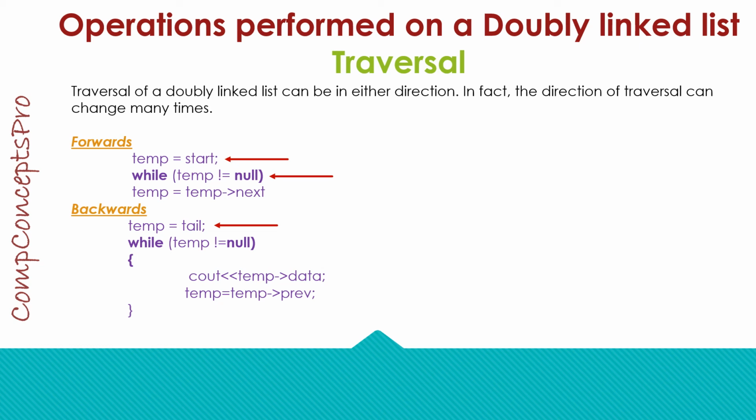Inside this while loop, for traversal, we have to shift temp to temp previous in each iteration. And if we display data like this in each iteration, the data will be displayed in reverse order. That is, the data of last node will be displayed first and the data of first node will be displayed last.